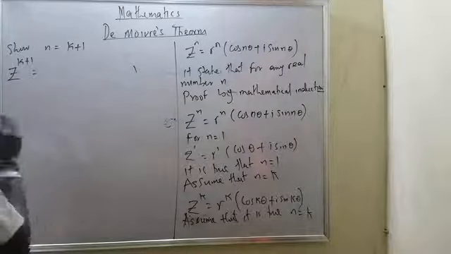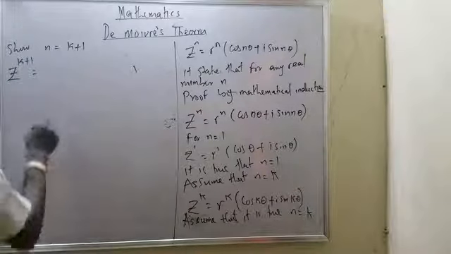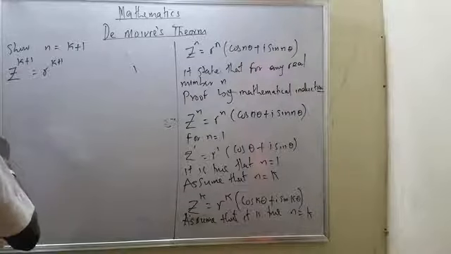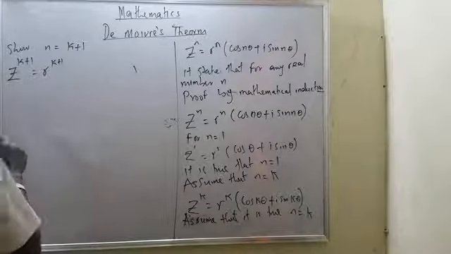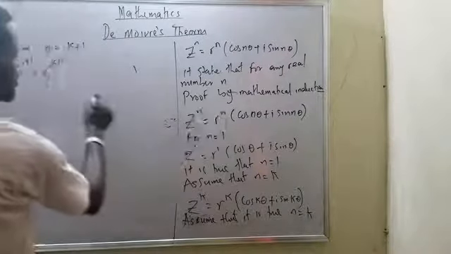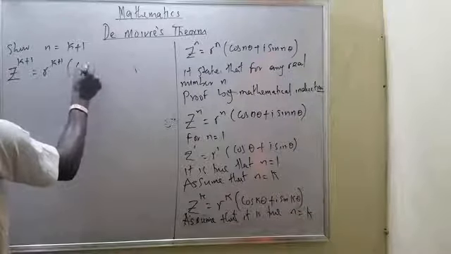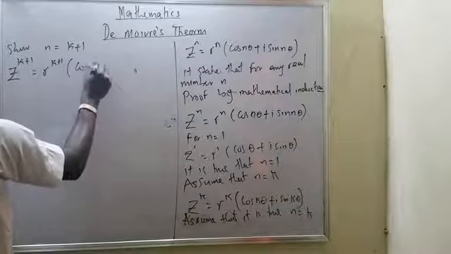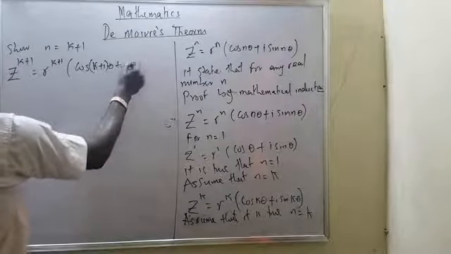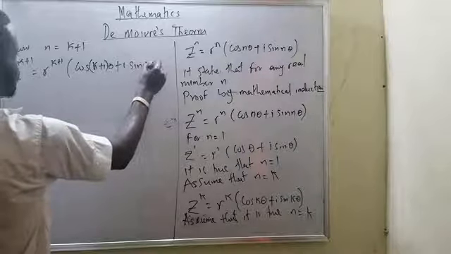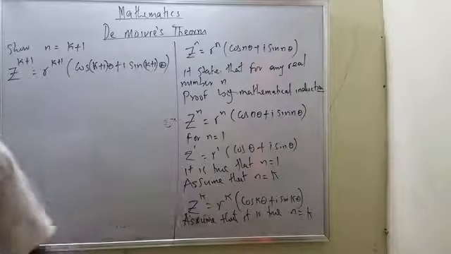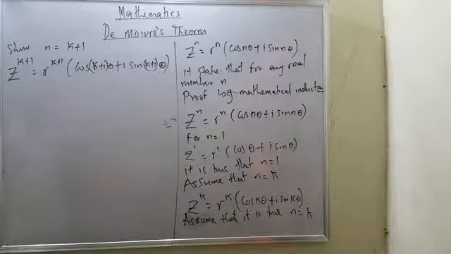It will equal r^(k+1) (cos (k+1)θ + i sin (k+1)θ). I'll close my bracket like this. Now, this is where the work is.